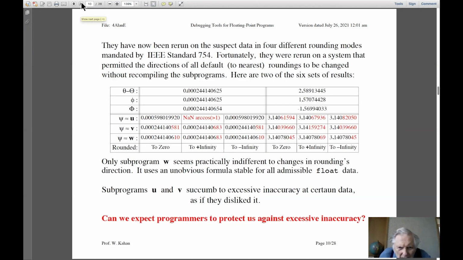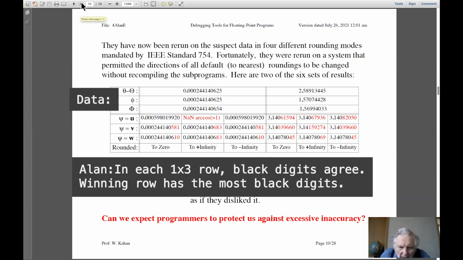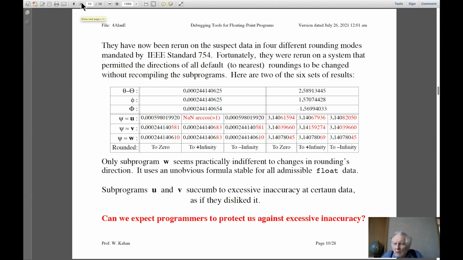What you're going to see is 4 different ways of computing the subtended angle. Each way runs the contractor's program, but with different rounding directions. So there are 4 different rounding directions, and therefore each contractor has what amounts to 4 different results.